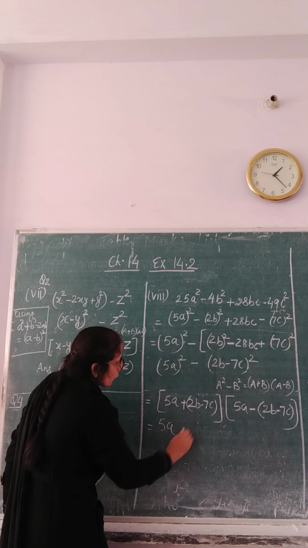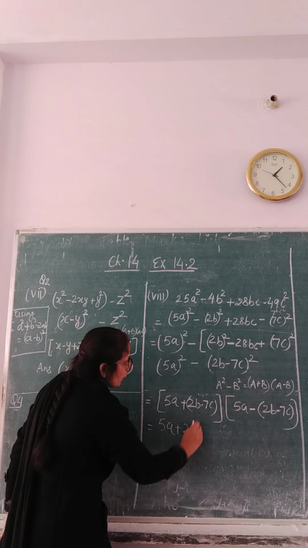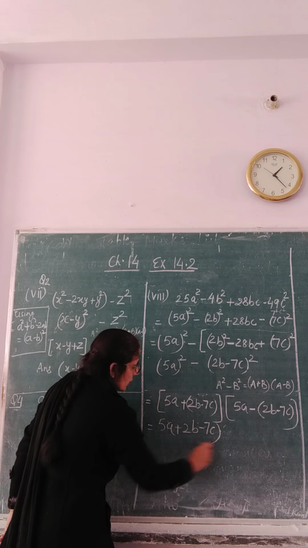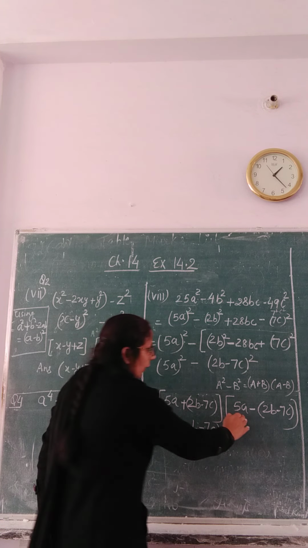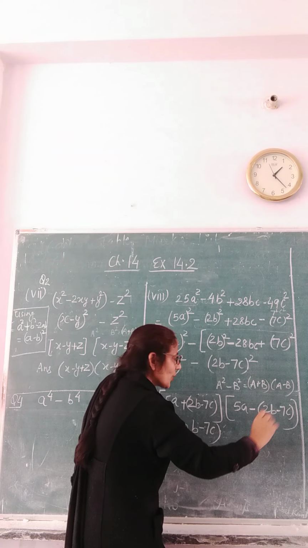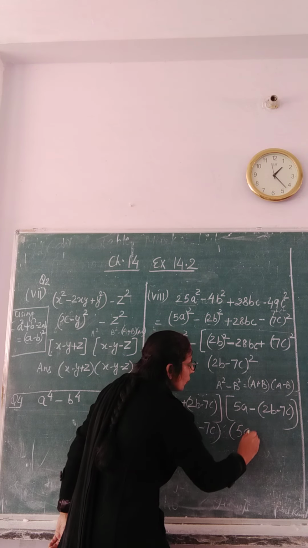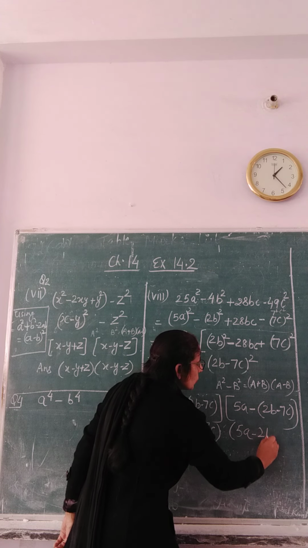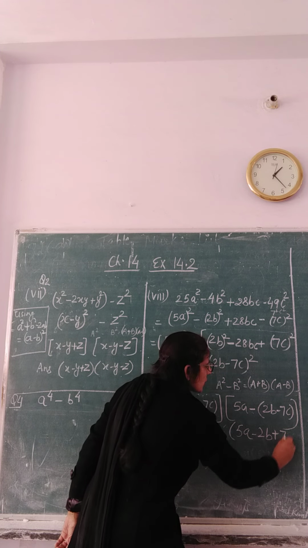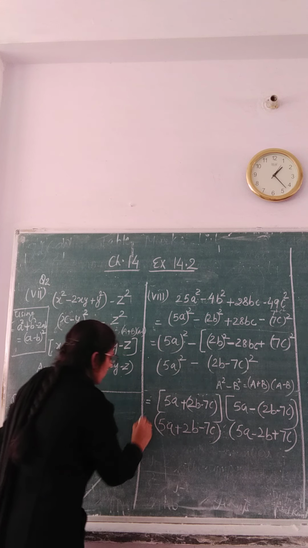Directly the inner bracket will be removed: 5a plus 2b minus 7c. This is one factor. And here, because the minus sign is outside the bracket, it will be 5a minus 2b plus 7c. So this will be the answer.